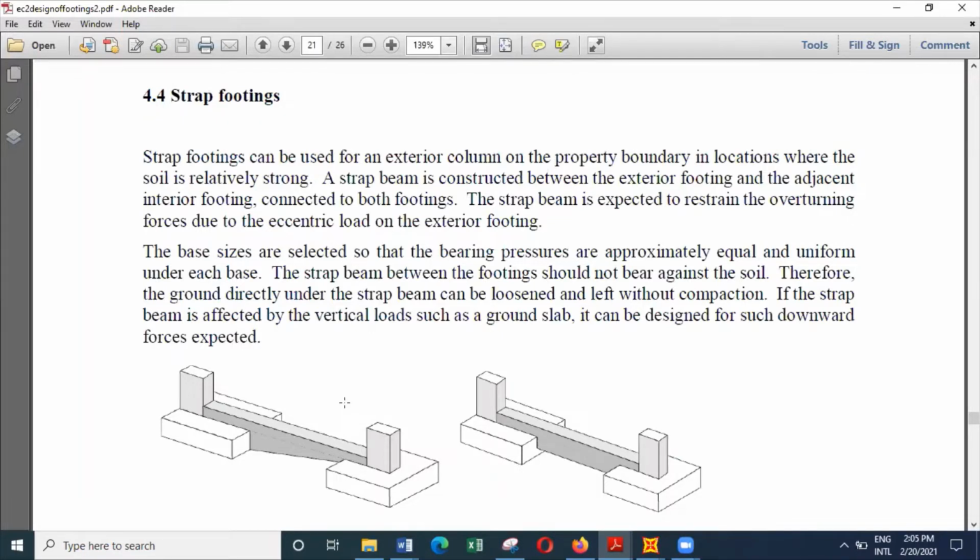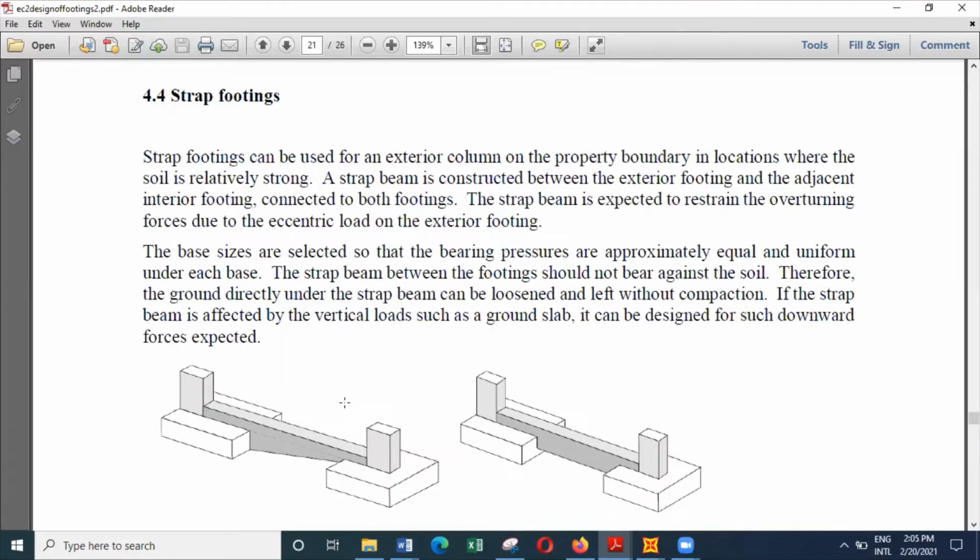So by having a fairly rigid beam between those two, we'll be able to induce some hogging action in the connecting beam due to this beam trying to prevent the rotation of the outer footing.